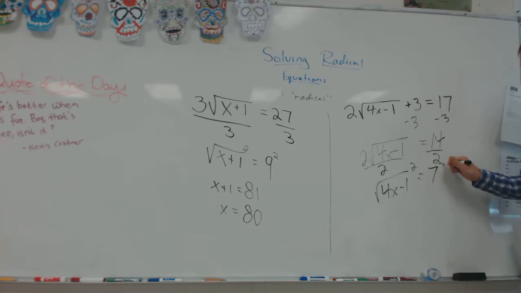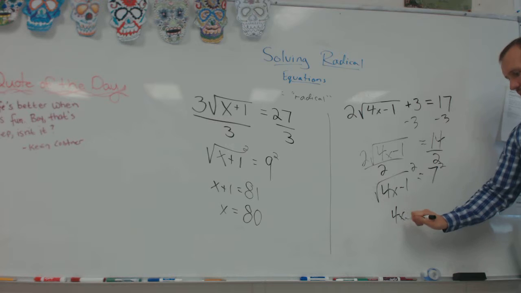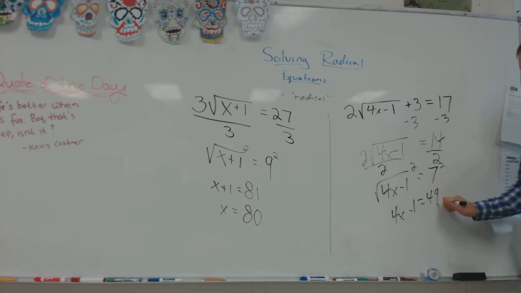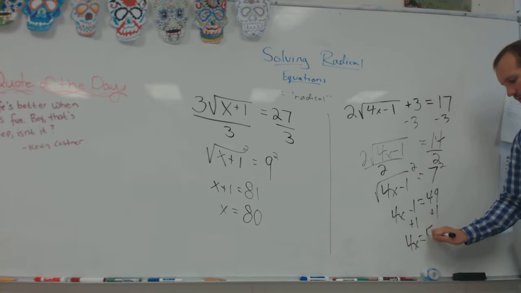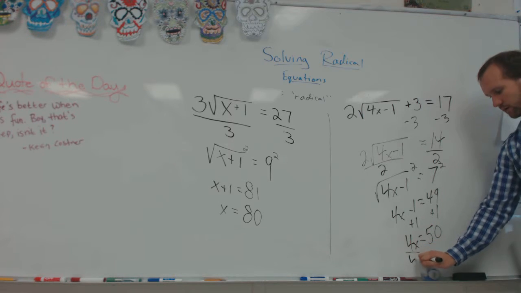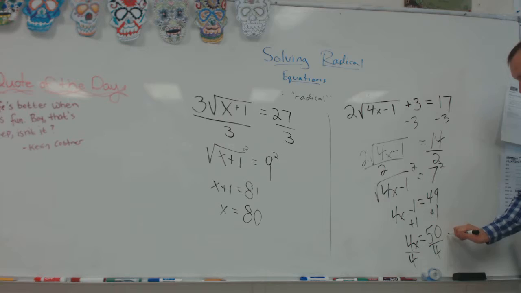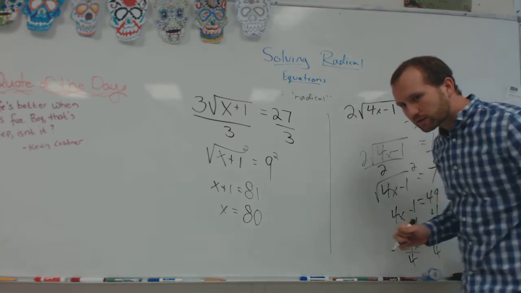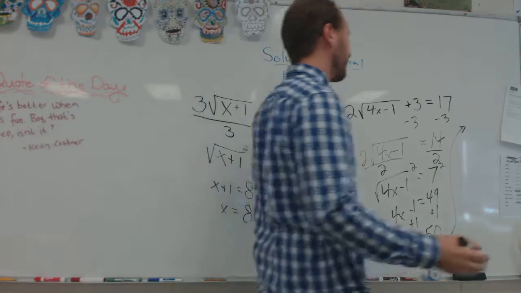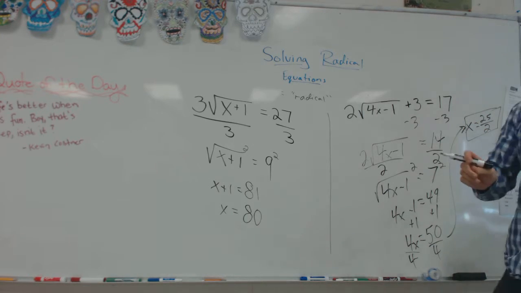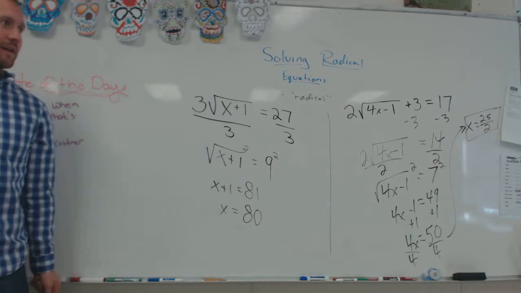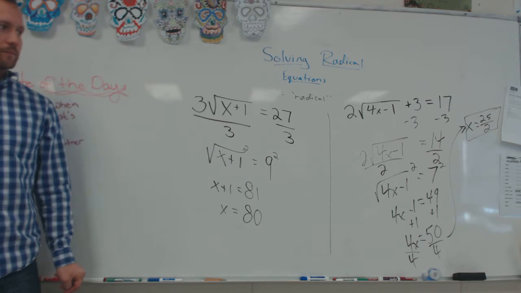Now I'm going to square both sides. 4x minus 1 equals 49. Add 1 to both sides. 4x equals 50. And then we're going to divide by 4. So x equals 25 halves, which is a fraction, 12.5. However you want to look at that number.